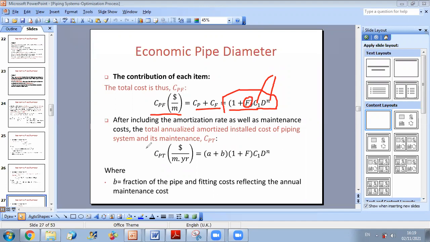Now, after we calculate the total cost, we should consider the amortization rate, okay, as well as the maintenance costs. لأنه نحن هون ما أخذنا into consideration the maintenance cost.